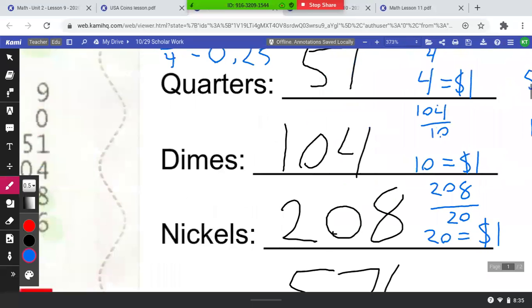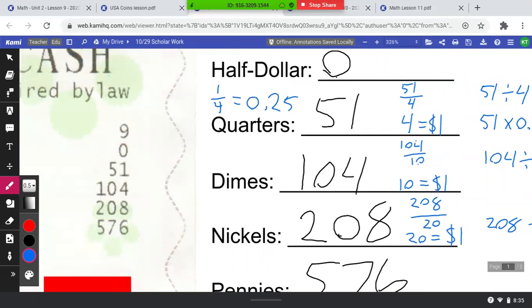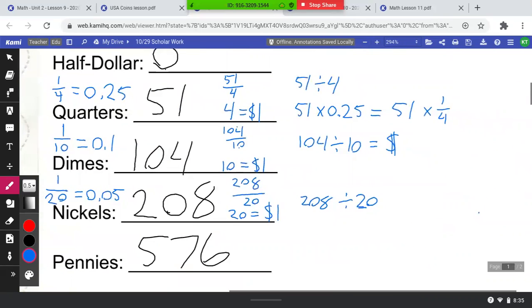Now remember, let's go over here and do what we did. So there are 10 dimes in $1. So if I have one dime, I have 1 out of 10, which means one dime equals 1/10. For nickels, there are 20 nickels in $1, which means the decimal version of that would be 5/100.